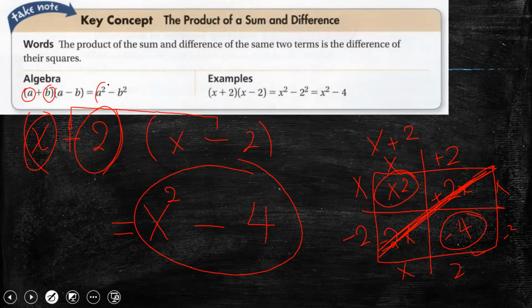We have to write the square of the first term and then the square of the second term, and between them you must write a minus sign. It must be minus, not plus, because if you multiply plus times minus, you will get a minus sign.